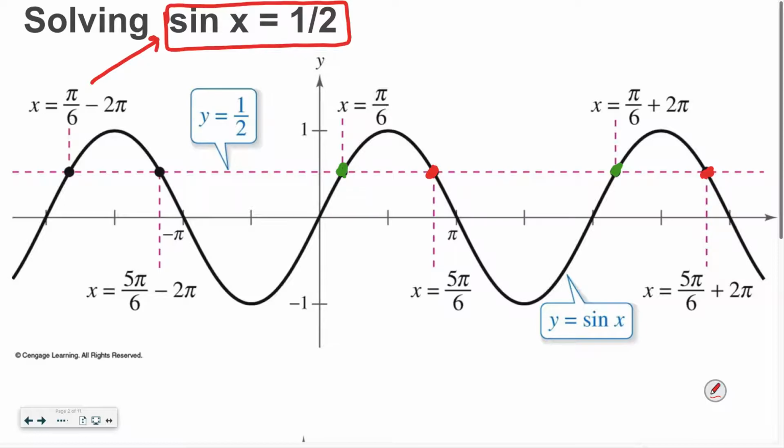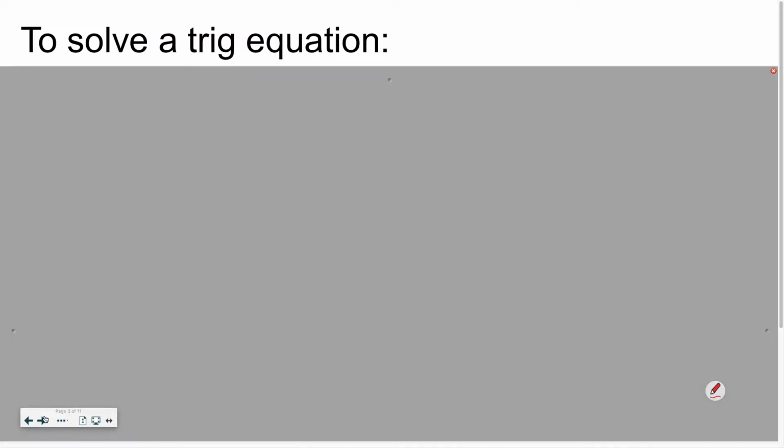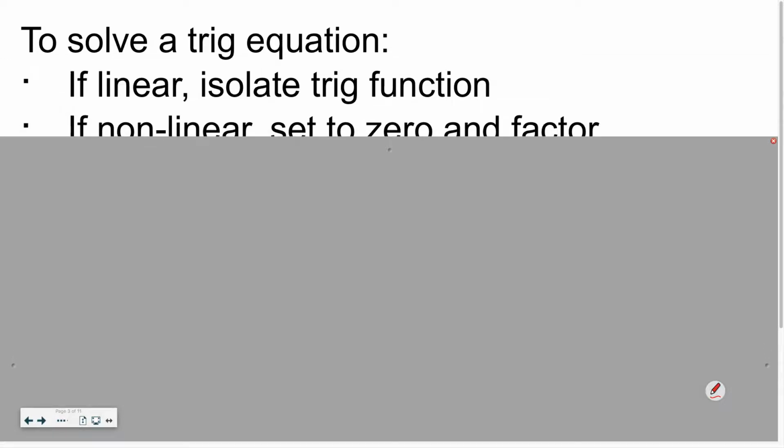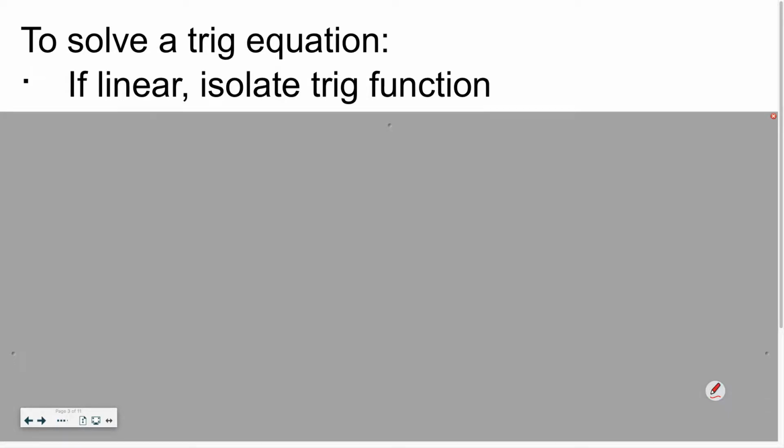Do you think that's going to be the equation I'm going to give you? Okay, so I'm going to give you something that's a little bit more complicated. Your goal is to isolate a trig function. So if it's linear, that's going to be pretty simple.